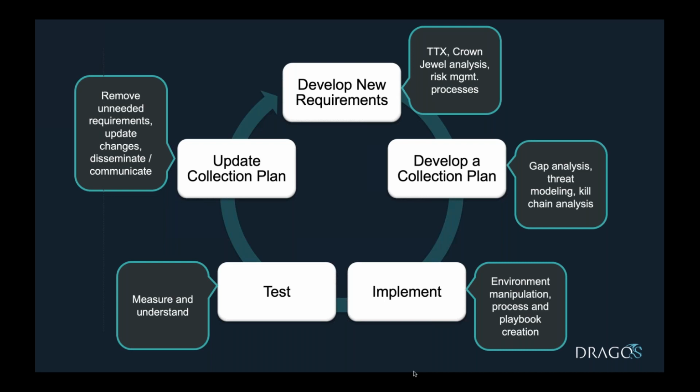So that's what we have today, and we'll actually be diving into each of these phases, and I will cover the first 2 phases, which I think will illustrate where we're going with the collection management framework.